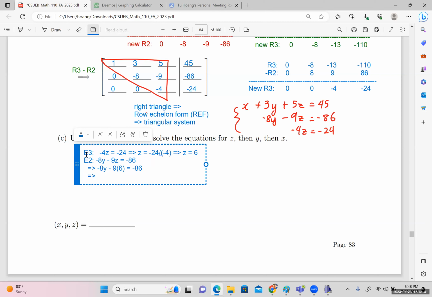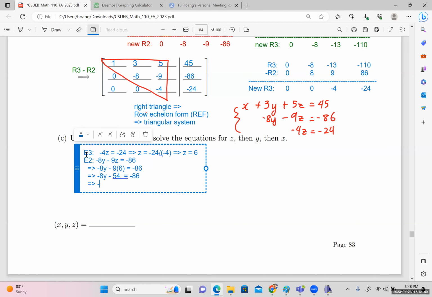And that means negative 8y minus 54 equal to negative 86.